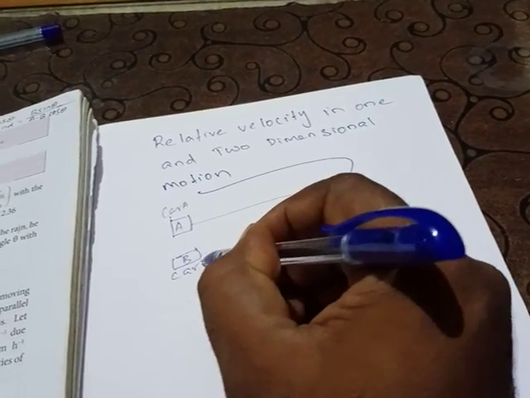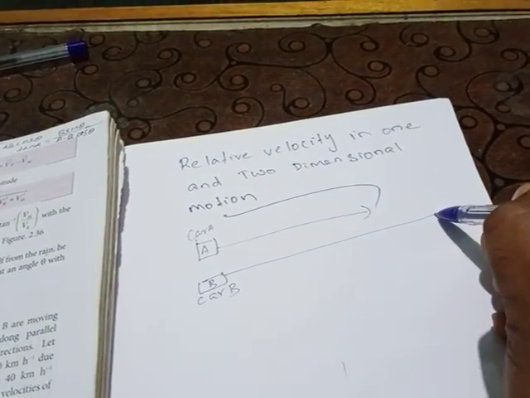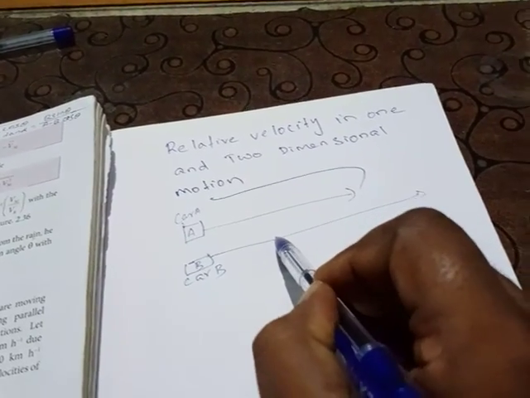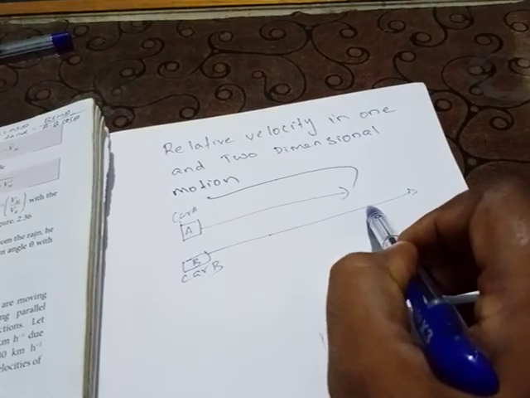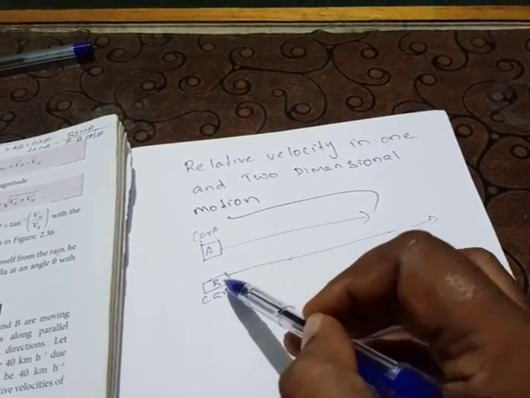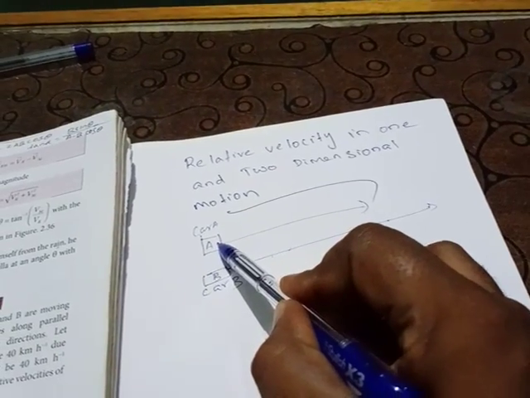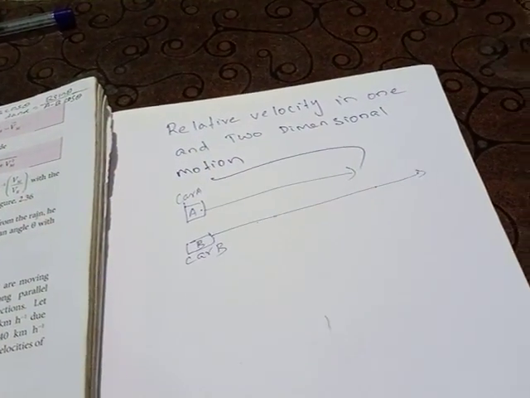Another car B is going like this. Now you see two cars on the same track moving with different velocities. Suddenly you will compare car B's velocity with respect to your car A, isn't it? So that is the nature.